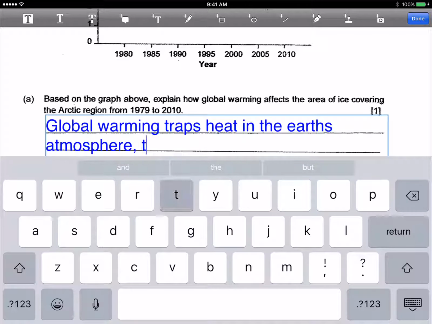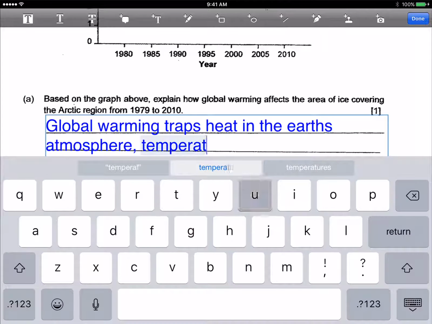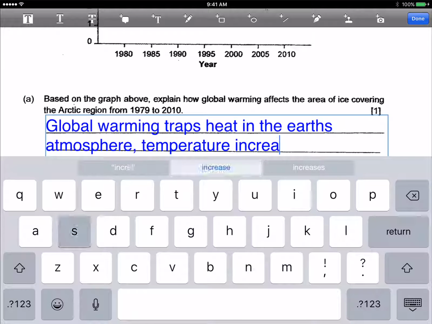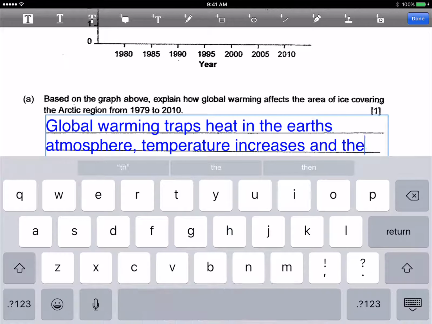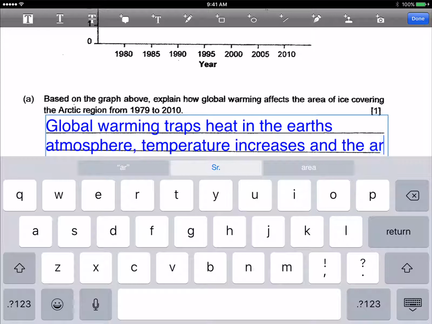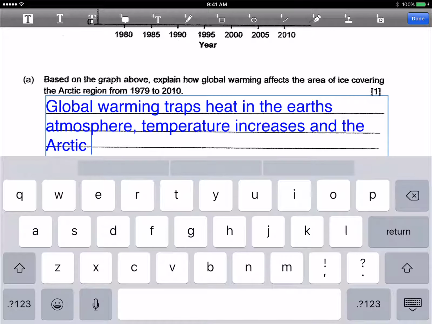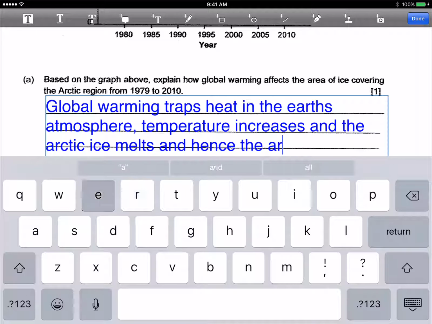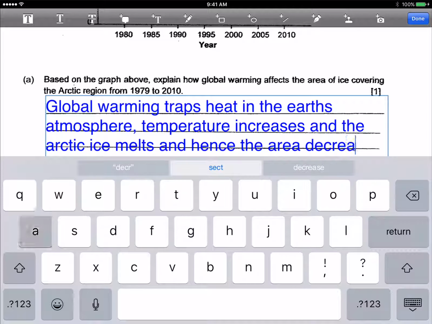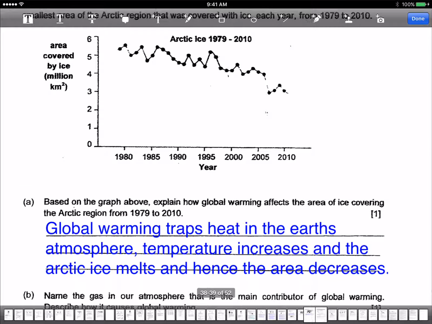Yeah, temperature increases, and what happens to the Arctic ice? The Arctic ice melts, and hence the area decreases. Right? So you can see this is a complete answer.